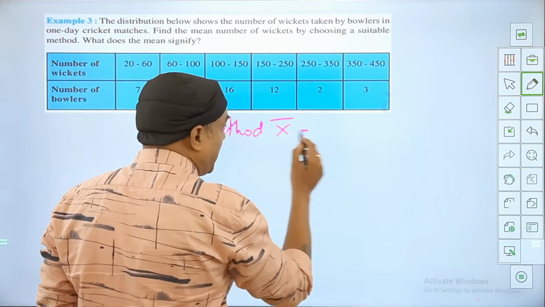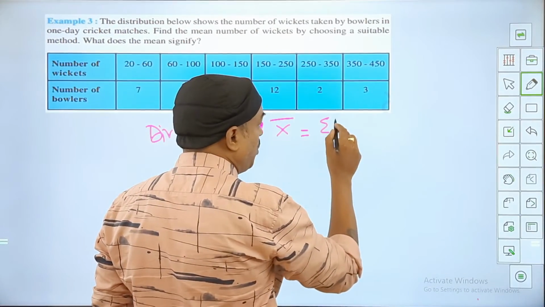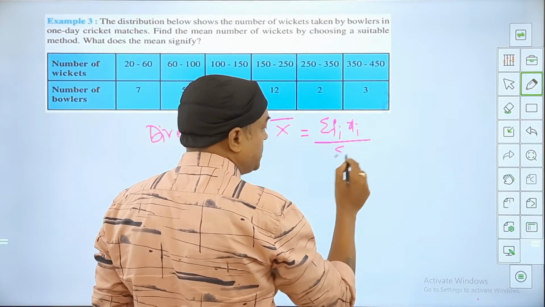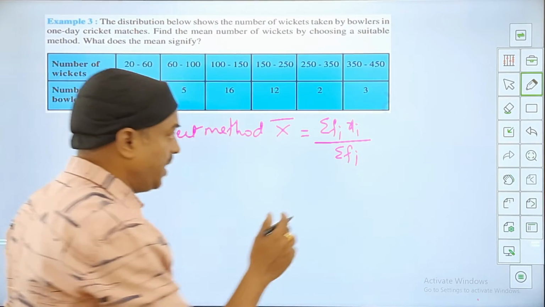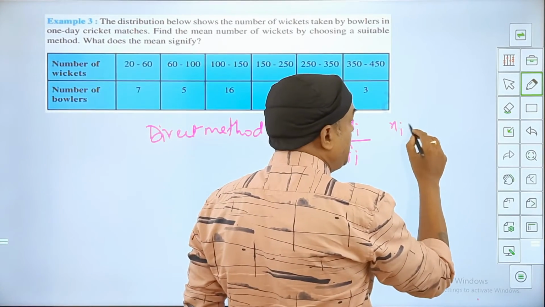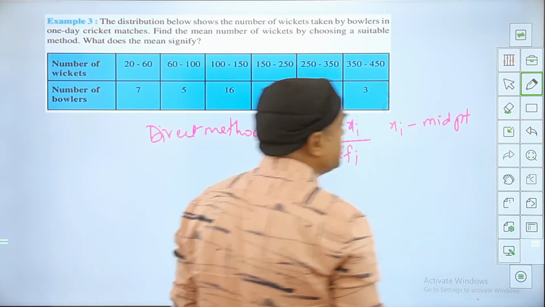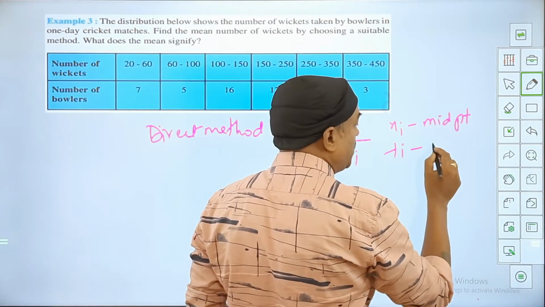Please remember, x bar represents mean, and the formula here is summation of fi into xi upon summation of fi. Now, what is xi here? Xi is the midpoint and fi is the frequency.